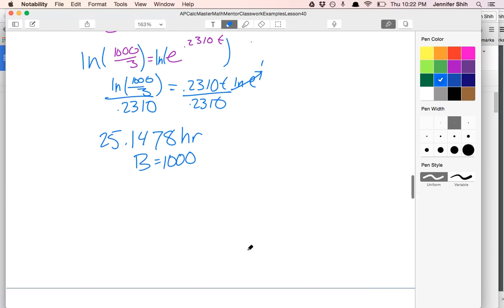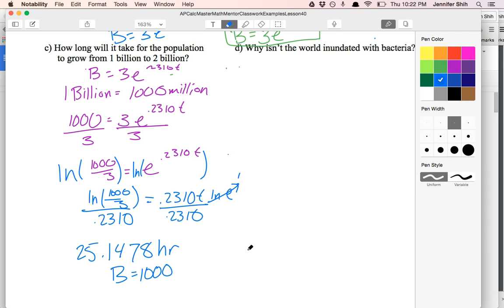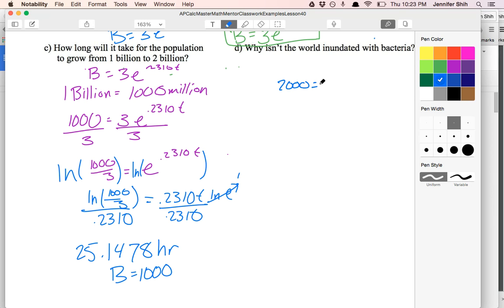Now let's see how long it would take for us to get to 2,000, because we want to get to 2 billion. 2,000 is equal to, we're going to do the same process. 3e to the 0.2310t. We're going to do 2,000 divided by 3 is equal to e to the 0.2310t.